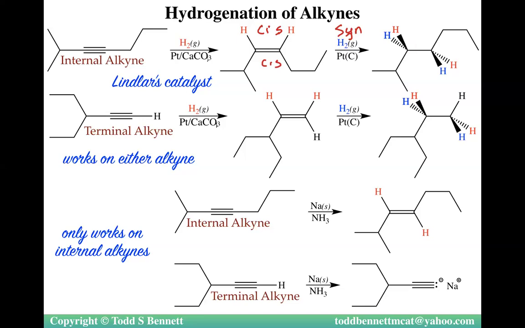So if I need RR as opposed to RS, then I have to figure out whether I'm going to add originally cis or trans. So syn addition, anti addition. Okay, so just important to know. Lindlar's works on everything, internal and terminal. This sodium NH3 only works on internal, and it is an anti addition.